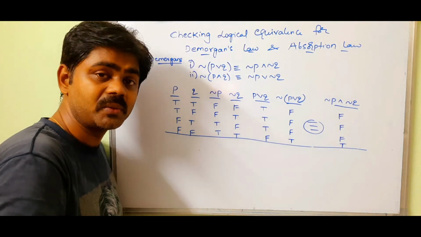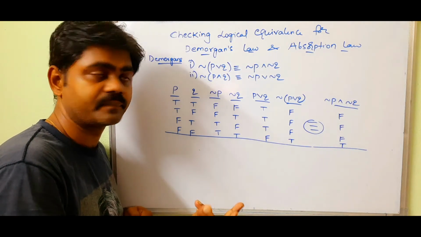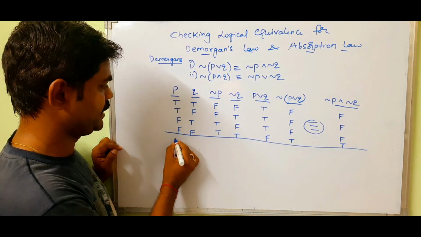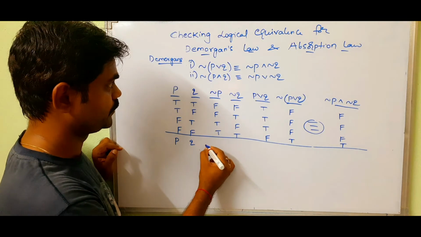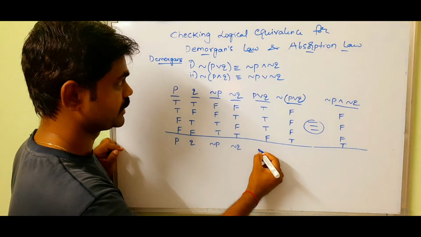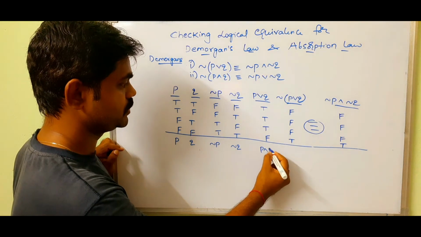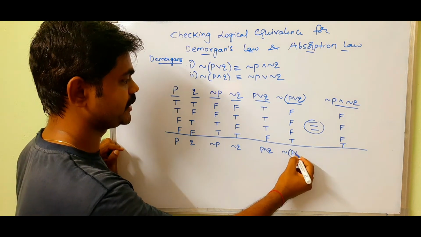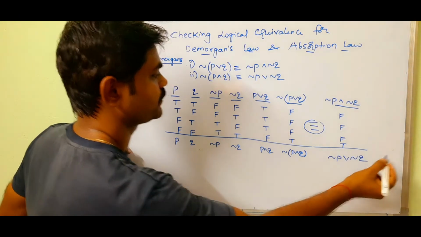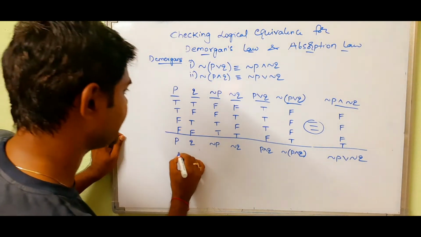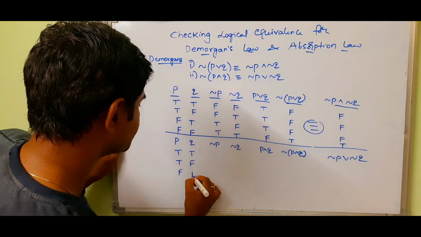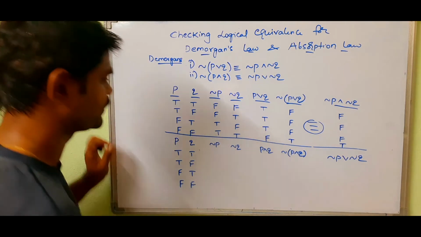Okay. Now check the second one, the dual. So the columns are P, Q, negation P, negation Q, P and Q, negation of P and Q, negation P or negation Q. Again, P is true, true, false, false and Q is true, false, true, false.